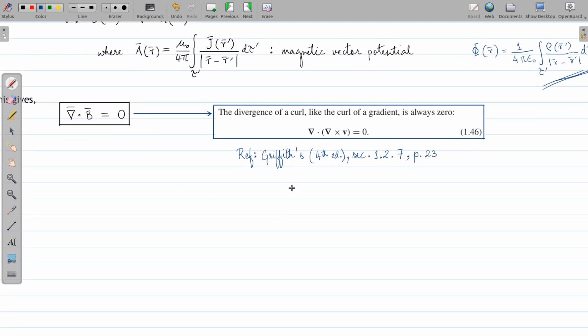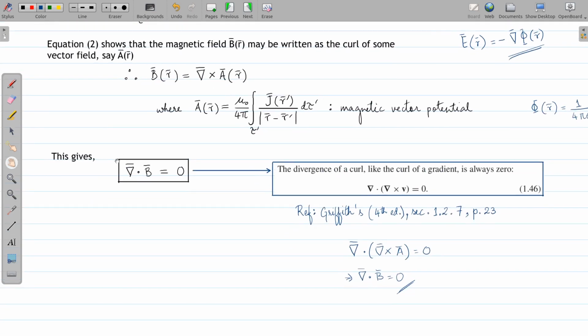So if I consider that vector field to be A, that means the divergence of the curl of A must be equal to 0. Now what is curl of A? Curl of A is nothing but the magnetic field. So this means that the divergence of B must be 0.